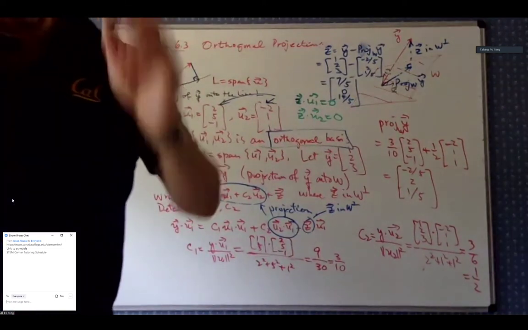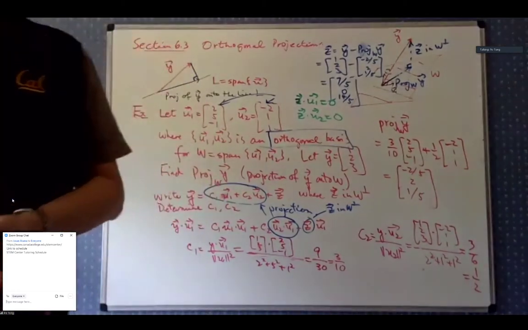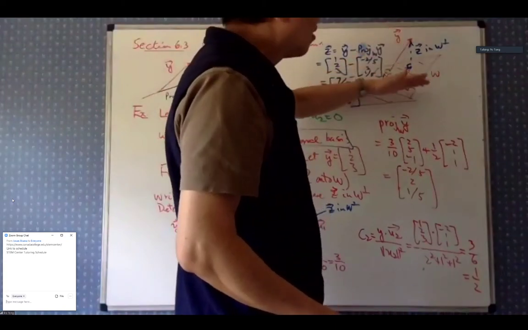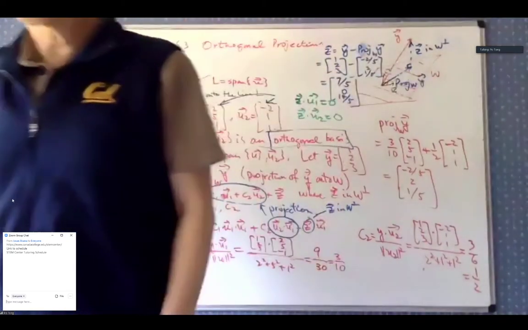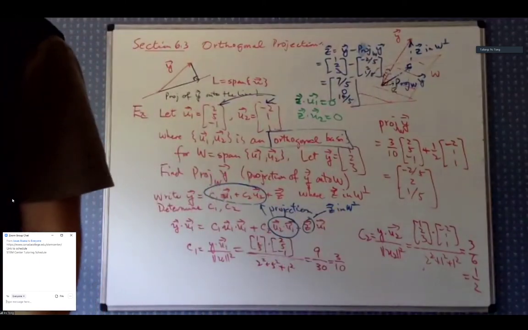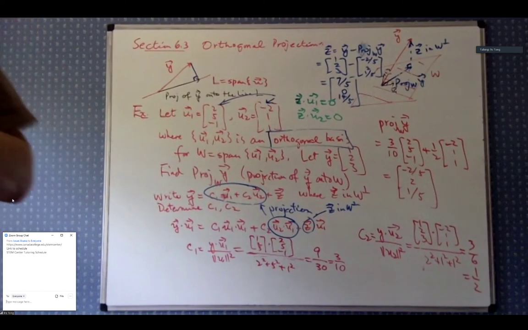Any question about this example? It's pretty elaborate, a conceptual thing. You need to understand this picture when this guy projects onto the plane. It gets generalized to higher dimension, of course.